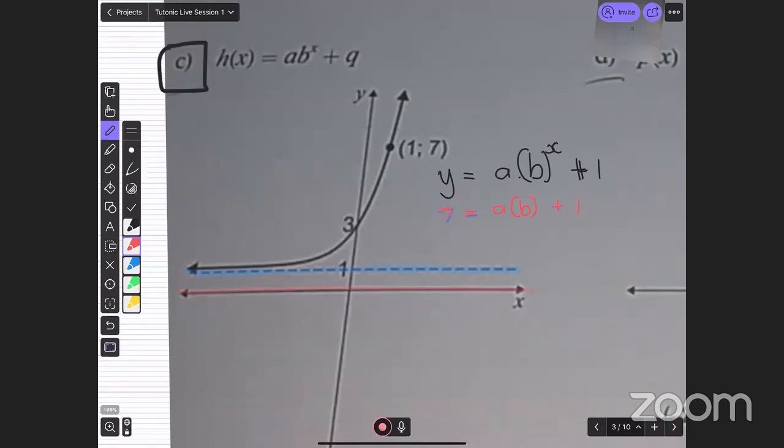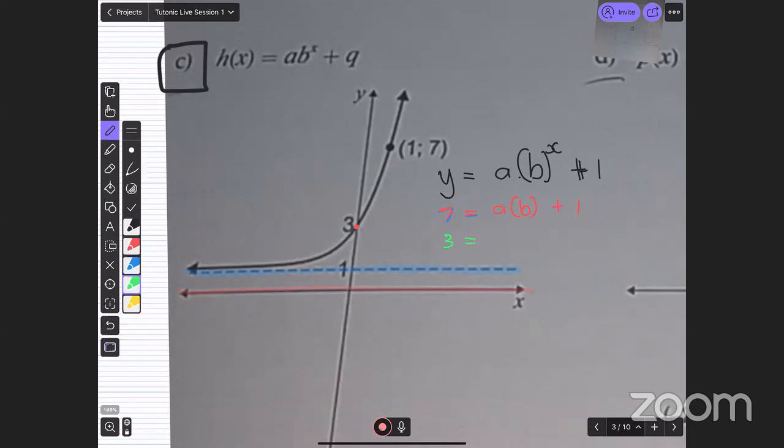And in the next equation, we can sub in 0, 3. So that's the y-intercept, right? So 3 equals A times B to the power of 0, which is 1.